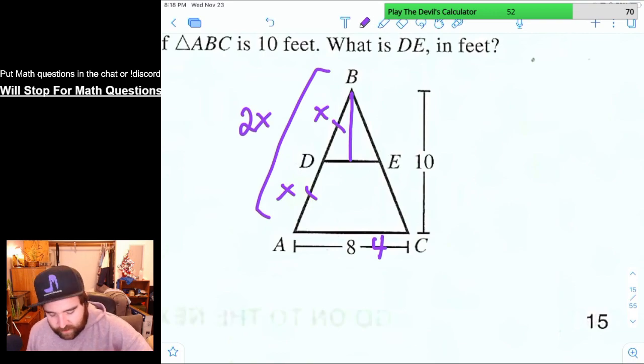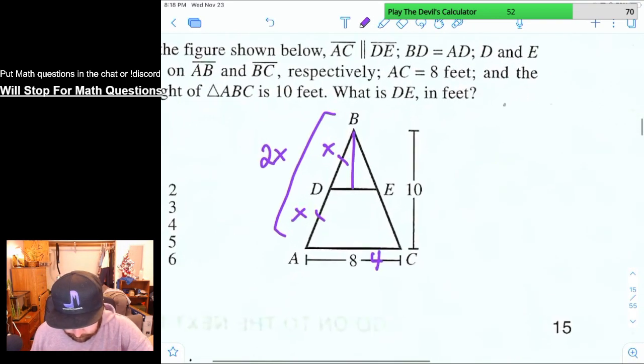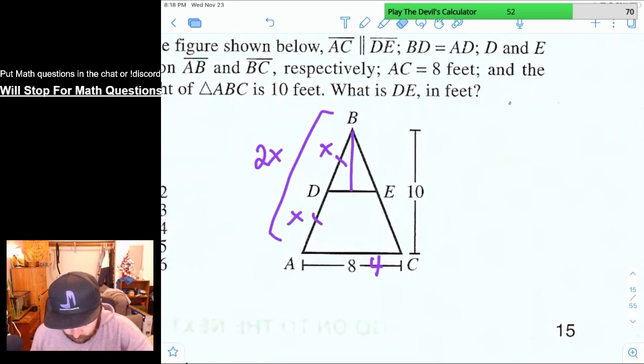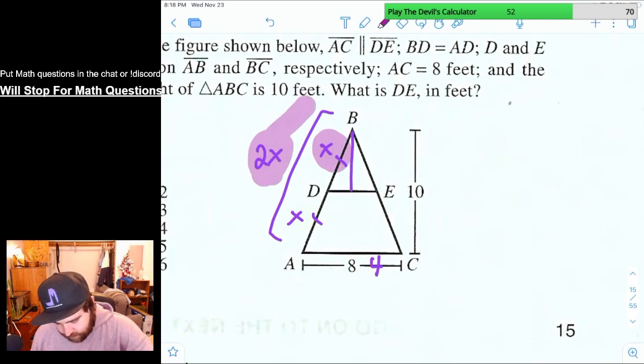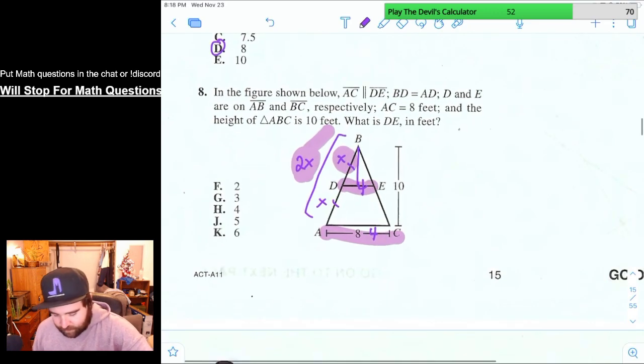I mean, I don't think that height's going to be half. Oh, or is it? Yeah, this is half of this entire thing. So then this is half of this entire thing. So that's just got to be 4 then.